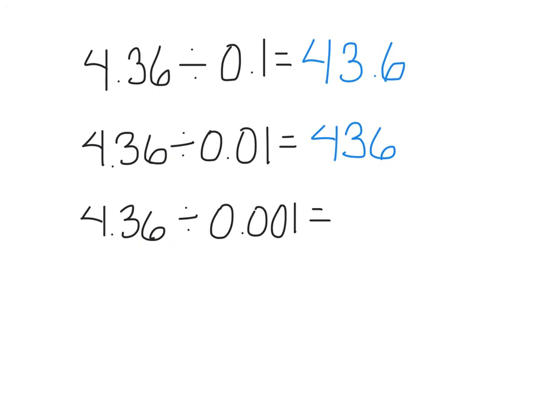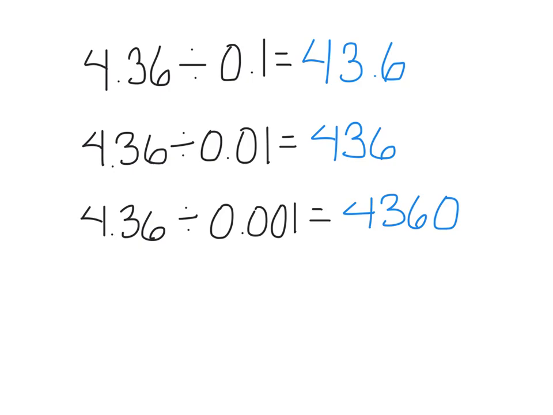We need to put in a placeholder over there. So if I go like this and put 4, 3, 6, 0, I'm going to move my decimal over 3 places. So it started here. 1, 2, 3. It's going to be right after the 0. And I don't need to write it because it's at the end of the number.